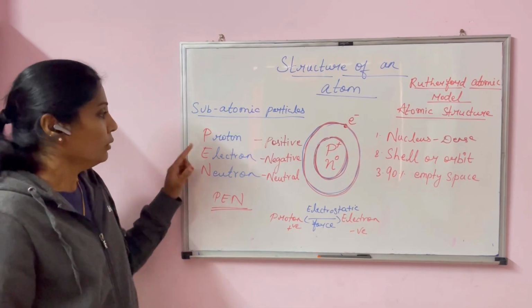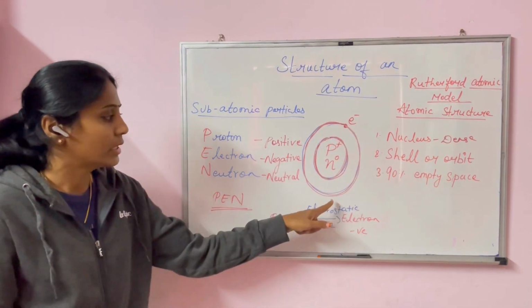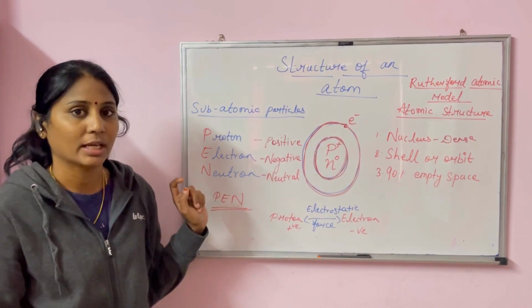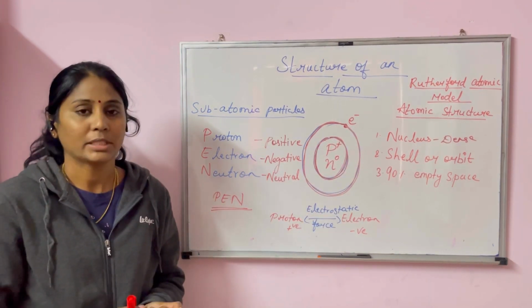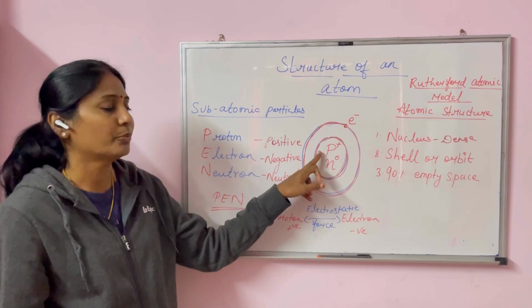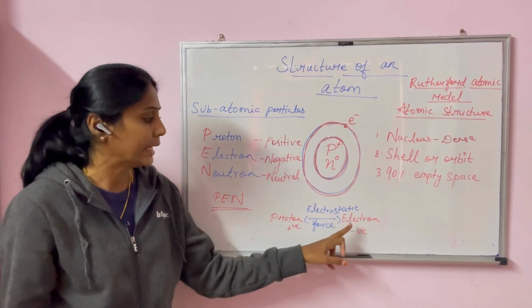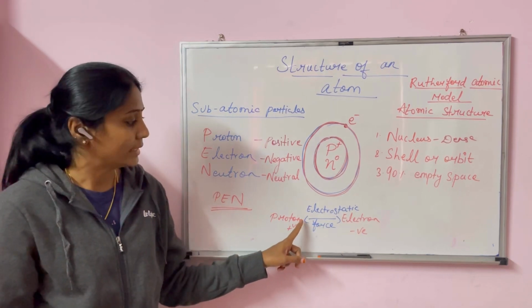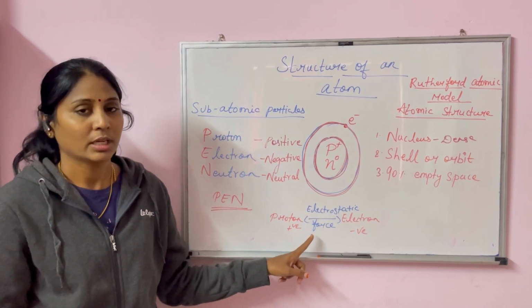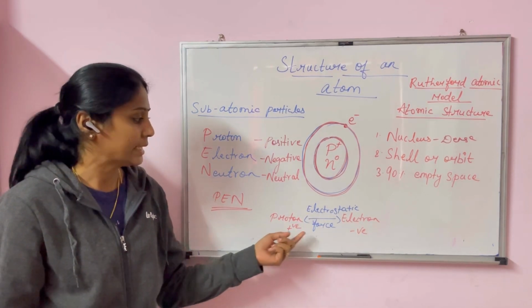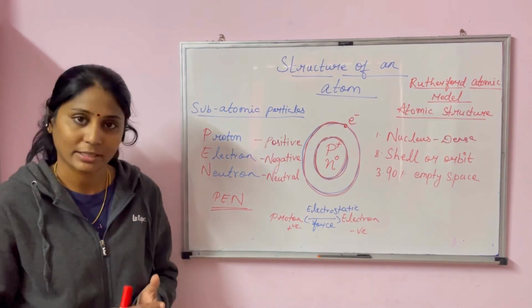Okay. So we know the electron revolves around the nucleus. This is because of what? Because of the positive charge of the proton. There is some force between proton and electron, which we call the electrostatic force. We already know that plus charge and minus charge have some attraction.